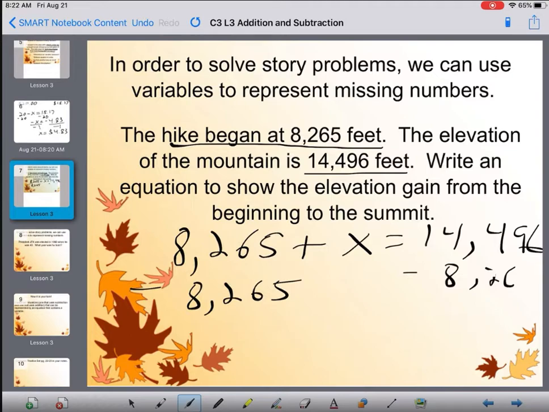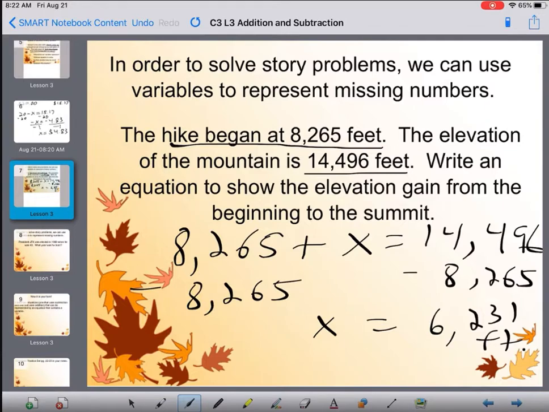So x is equal to, let's see, 6 minus 5 is 1, 9 minus 6 is 3, 4 minus 2 is 2, and then 14 minus 8 is 6. So it looks like it's going to be 6,231 feet. That's going to be our elevation gain.